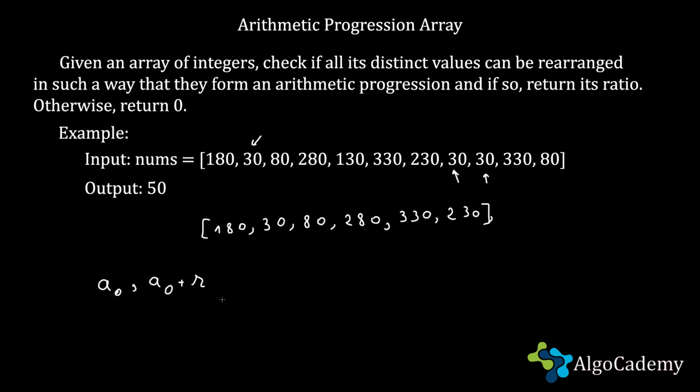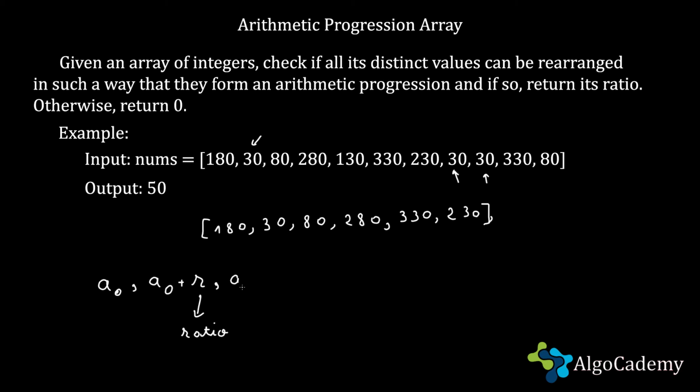Now, the thing is that the difference between these two, which we noted here by R, is called our ratio, right? Is the ratio of the arithmetic progression. Then, if we know the ratio, which is R, each and every next element will be written as the previous one plus that ratio, right?